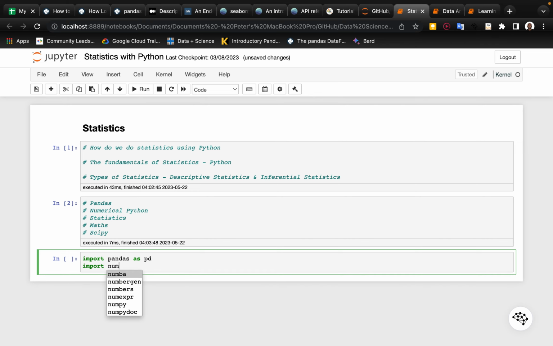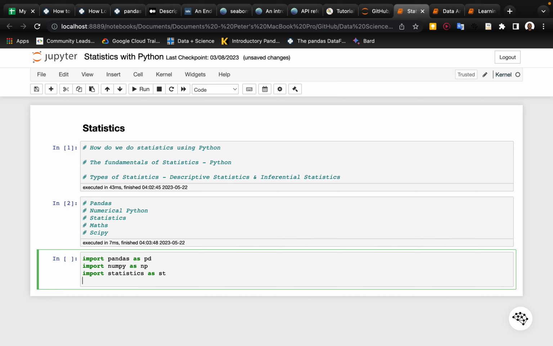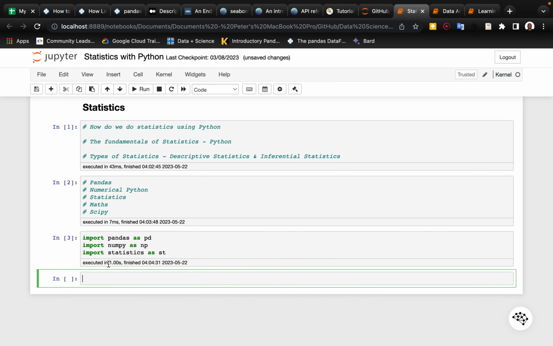We're going to import NumPy as np. We are going to import statistics as st. We're going to do a lot of this.